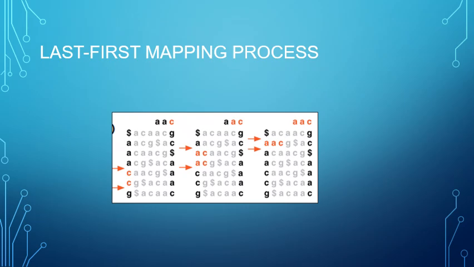Based on these two, it shows that the only option for the next search is the last column with A bottom, because the dollar sign indicates the starting of the sequence. So this one is going to be wrong.